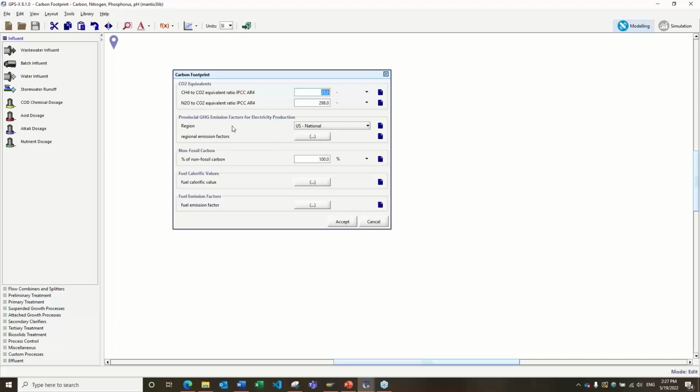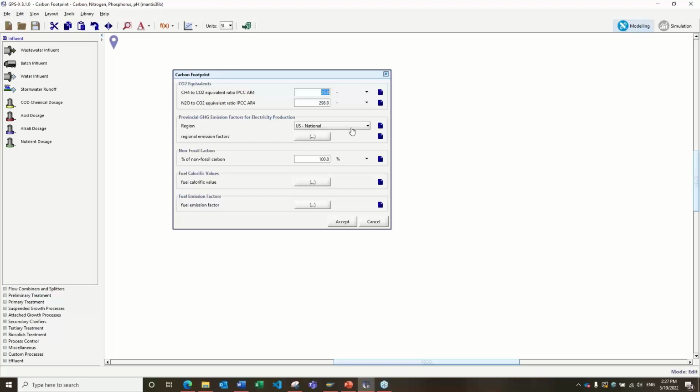The second part that we have is the greenhouse gas emission factors for electricity. For these factors, we collected the EPA eGRID factors. But of course, these factors keep on changing all the time, so it's possible that the values that we have in the database might be a little bit different from the new values, but you have the option to change those values.